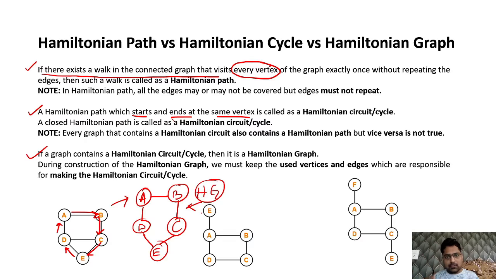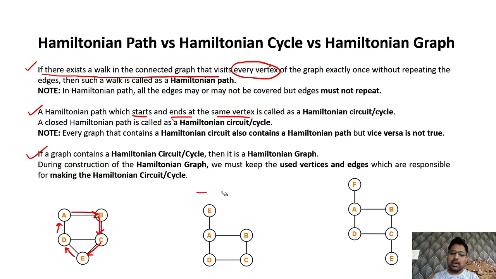Using these vertices as well as these edges, we are getting the Hamiltonian cycle or circuit. That's what we should represent. If we are representing only the responsible edges and vertices, we are naming that as the Hamiltonian graph. Okay, so I hope it is clear to you. If any doubt, you definitely comment below and I'll definitely answer you.